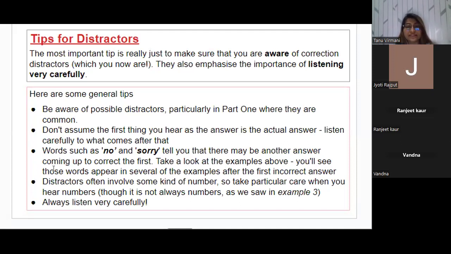Those words appear in several of the examples: first they talk about something else and then they talk about the correct one. Distractors often involve some kind of number. So take particular care when you hear numbers, phone numbers, room numbers, any kind of numbers. Always listen very carefully to the complete statement.